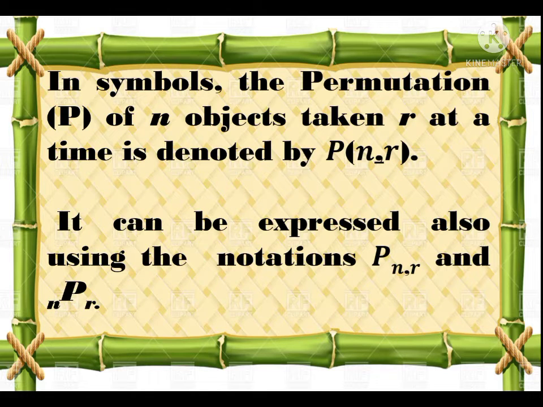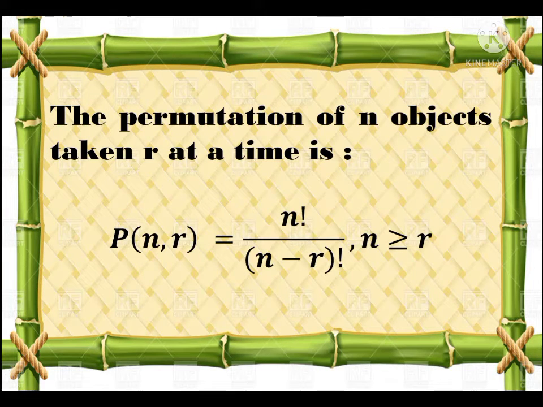It can be expressed also using the notations P(n, r) and nPr. The permutation of n objects taken r at a time is: permutation equals n factorial over n minus r factorial, where n is greater than or equal to r.